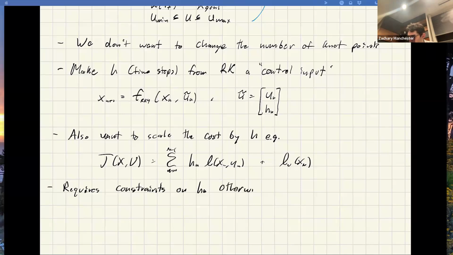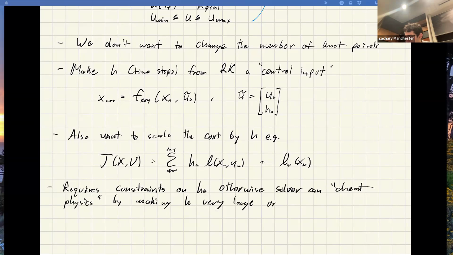Otherwise, the solver can do very weird things and essentially cheat physics. It can exploit discretization error by making h huge or negative. So we don't want that.